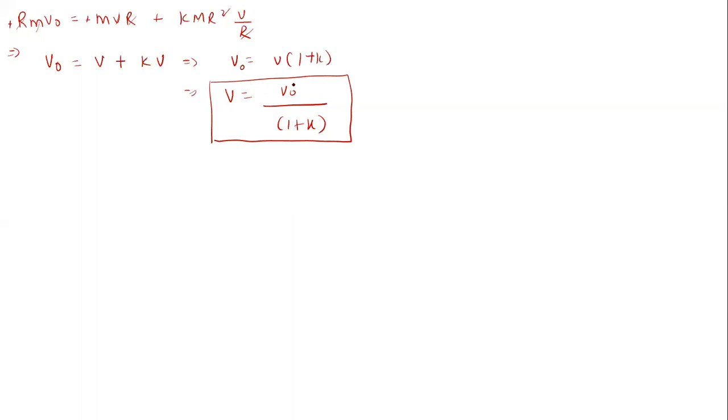Now if this body was a disk, what is the value of v? Can you tell me? If the body was a disk, then the velocity when it starts pure rolling will be v naught divided by 1 plus half, which means 2 by 3 v naught. Okay, so if it is a disk, it would be 2 by 3 v naught.